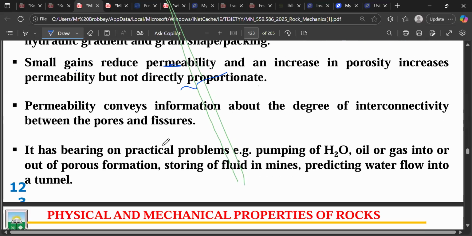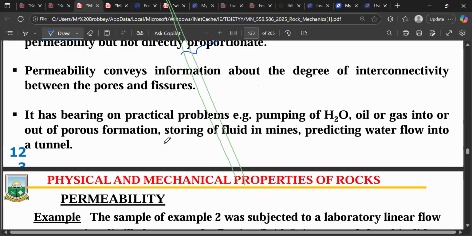Okay. So permeability conveys information about the degree of interconnectivity between the pores and the fissures. I explained that. It has bearing on practical problems: pumping of water, oil, and gas into or out of a porous formation, storing fluids in mines, and predicting water flow in a tunnel.